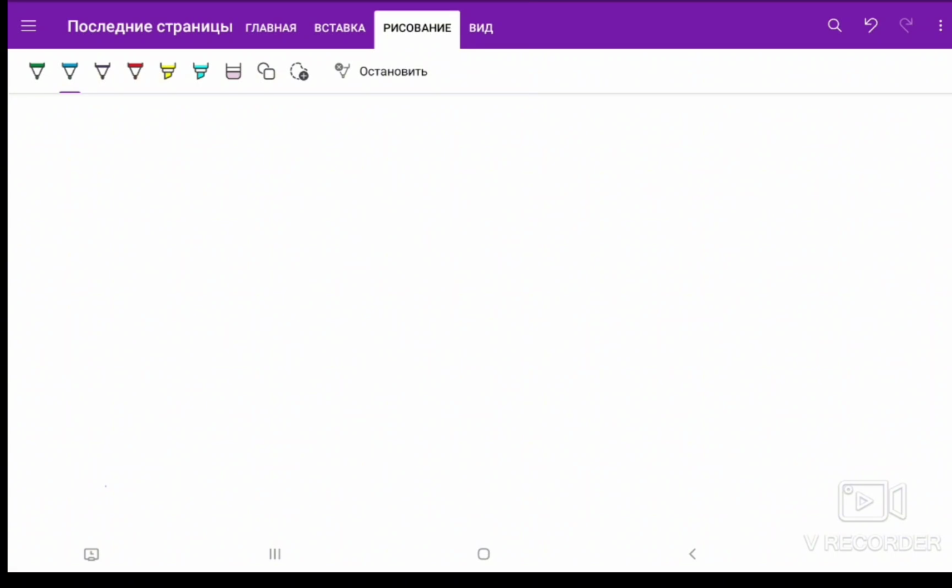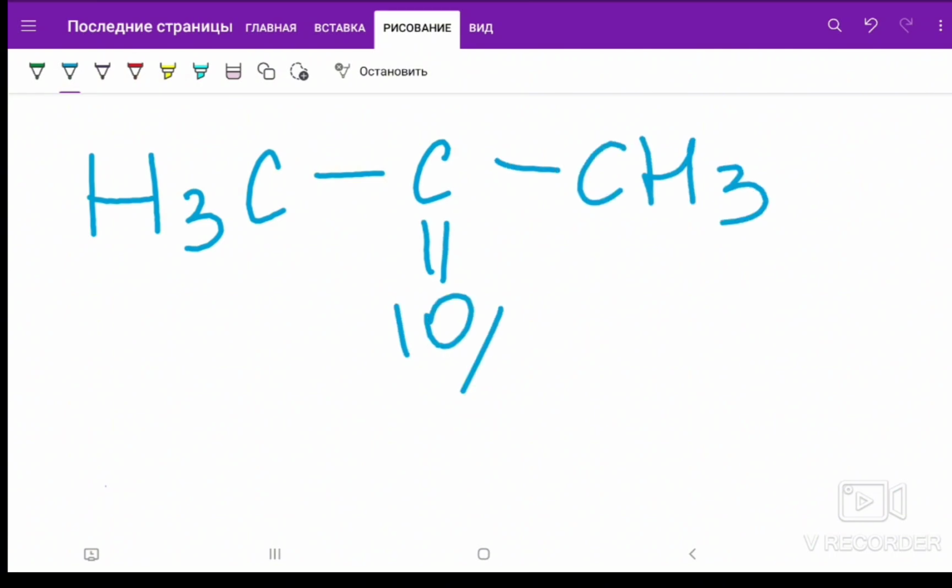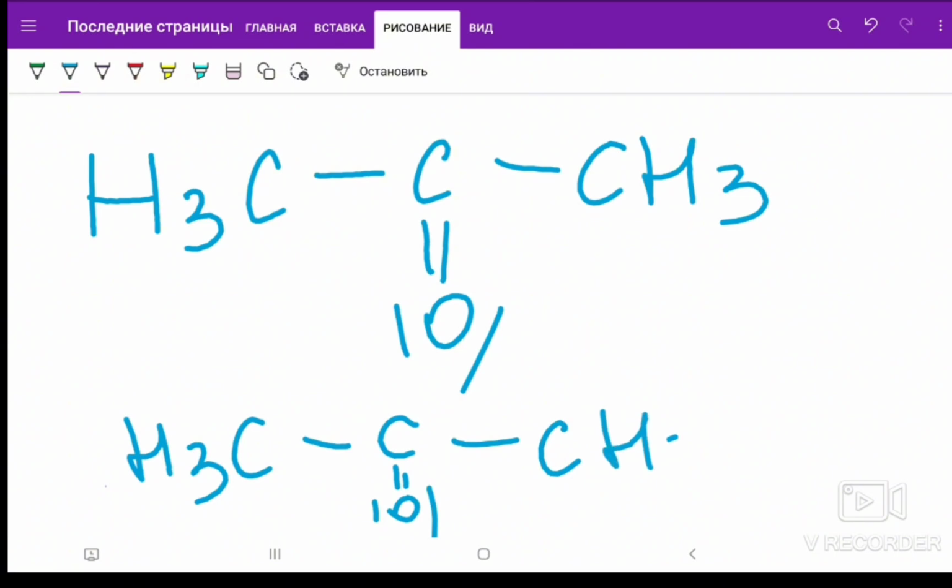Let's take a molecule of acetone. Okay, let's see. Will hydrogen bonding exist between two acetone molecules? You would draw one more molecule of acetone. Let's say CH3CO, CH3.